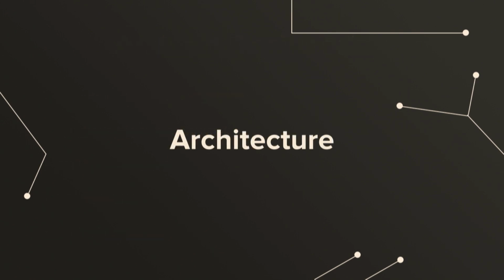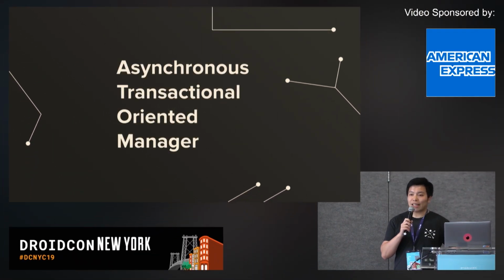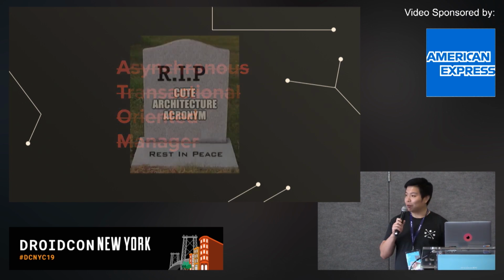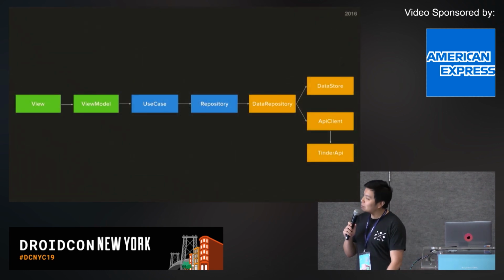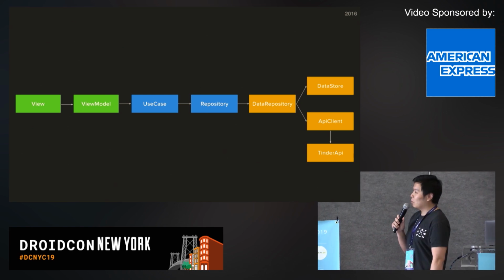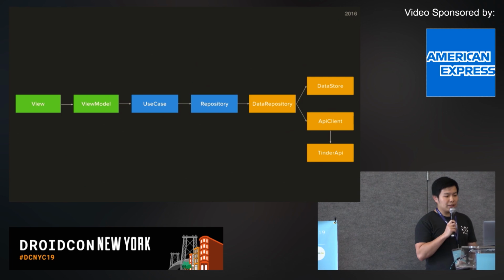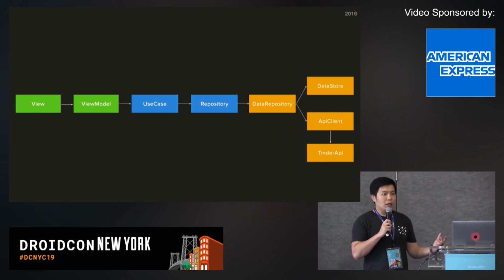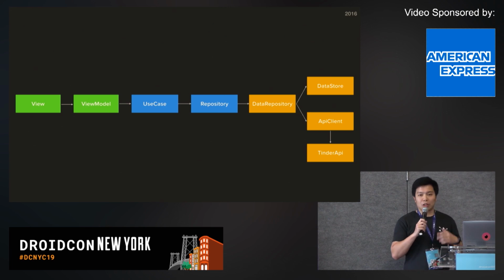To provide more context, I want to talk about our architecture. We have an architecture called Atom. It stands for Asynchronous Transactional Oriented Manager, which I also lied, because we actually don't have a cute acronym for our architecture, but this is how it looks. You can see the timestamp on it says 2016, so this is where we were in 2016. Your view gets events and talks to a view model, and the view model does all the view logic and then talks to the use case.